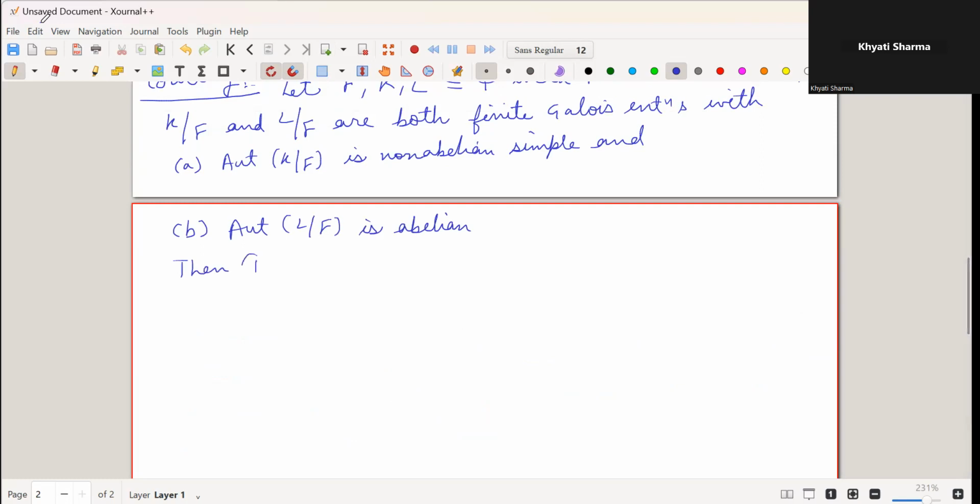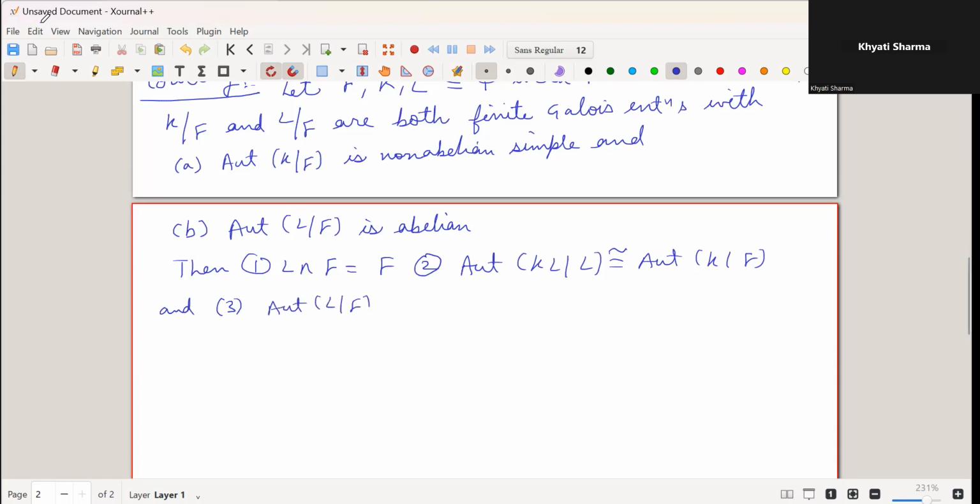Then first, L intersection K is F. Second, Aut of KL over L is isomorphic to Aut of K over F. And third, Aut of L over F is abelian.